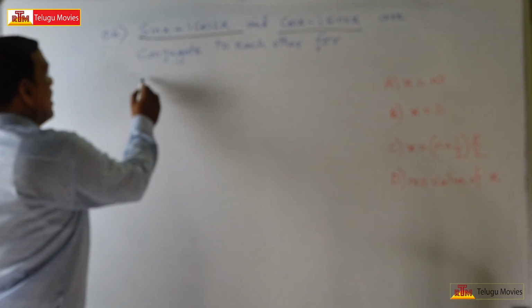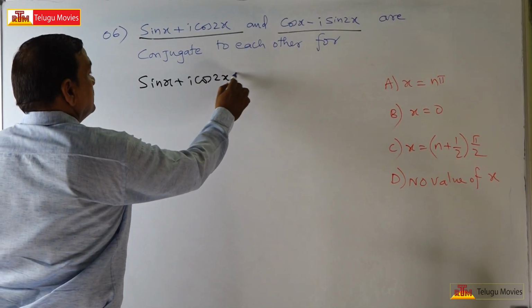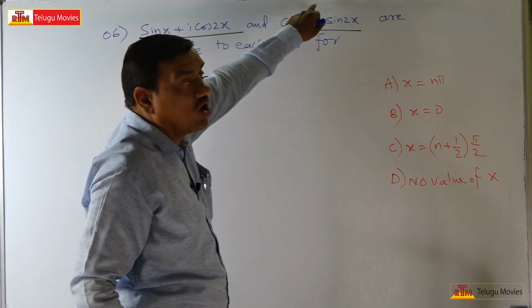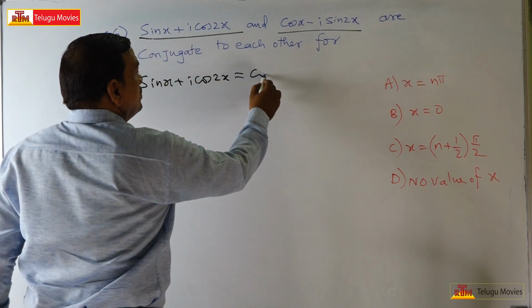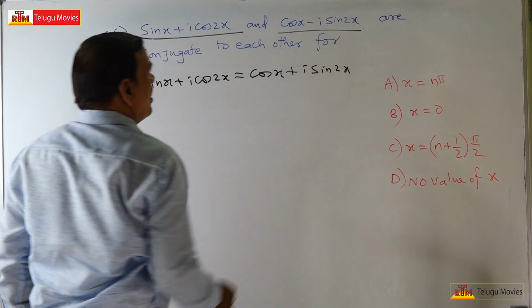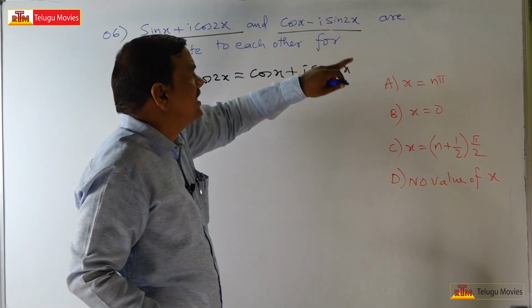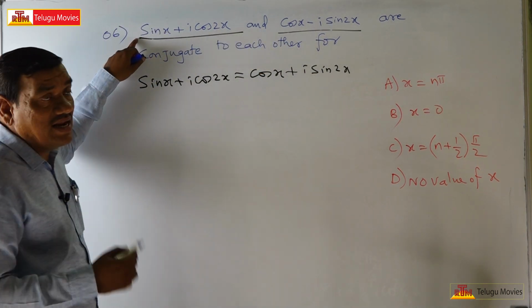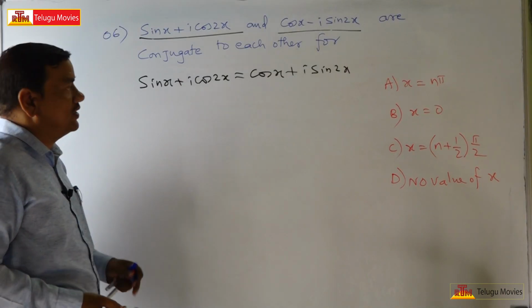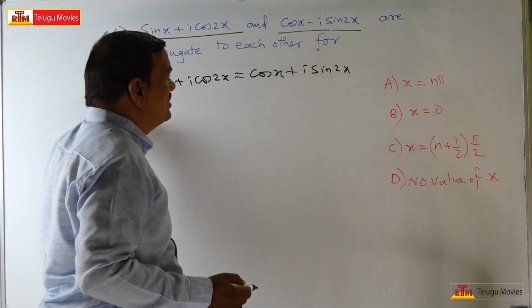That means on the whole, sin x plus i cos 2x is equal to the conjugate of cos x minus i sin 2x, that is cos x plus i sin 2x. Otherwise you can take another way also: cos x minus i sin 2x is equal to sin x minus i cos 2x. So from that, for what values of x is this equation valid?